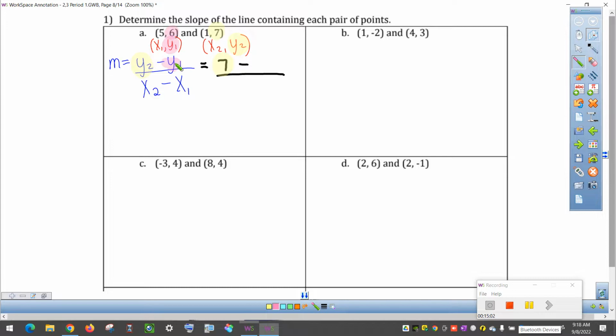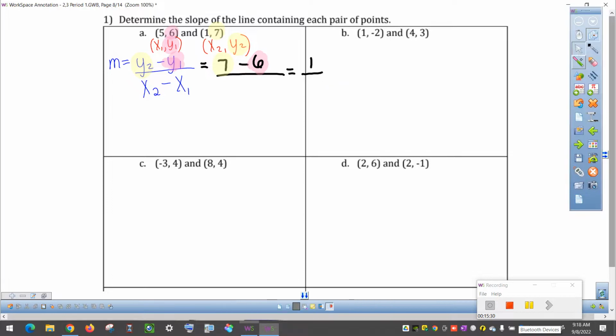I defined y1 to be 6, so I'm going to put that in that position. If we want to keep going all the way, we can simplify the numerator. So 7 minus 6 is 1. That's going to be the rise, the vertical change between the points. This is how we can find that without having to graph them.